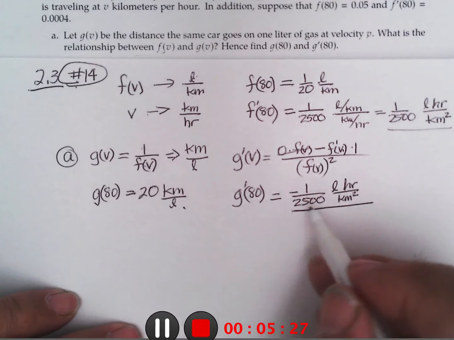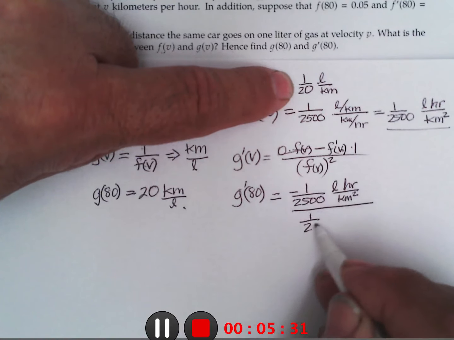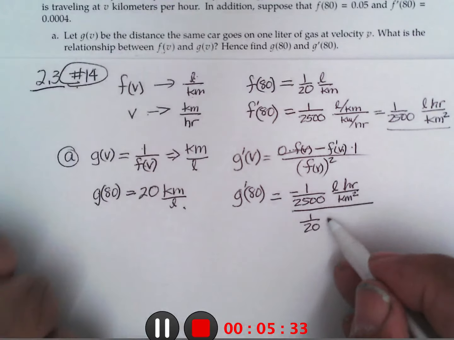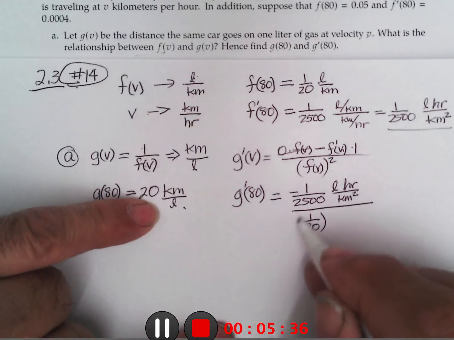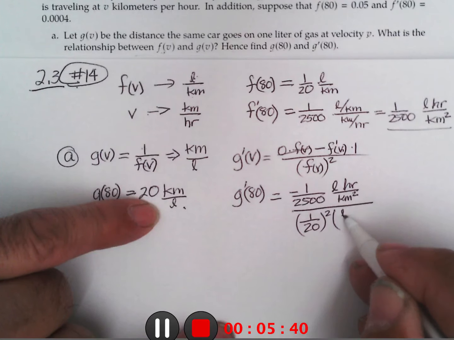F of V is 1/20th, and that's got to be squared, and so do the units. So that's liters squared per kilometers squared.